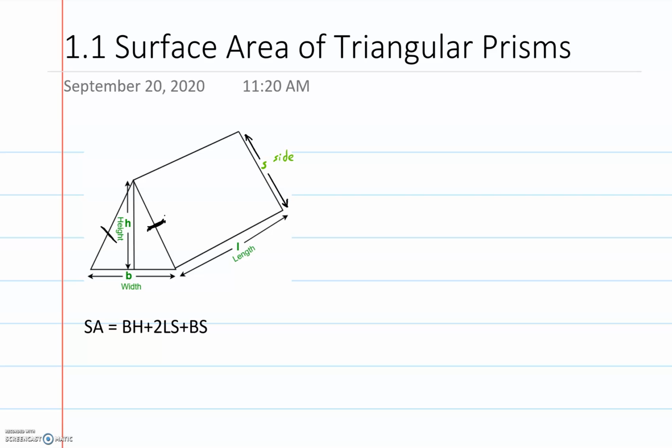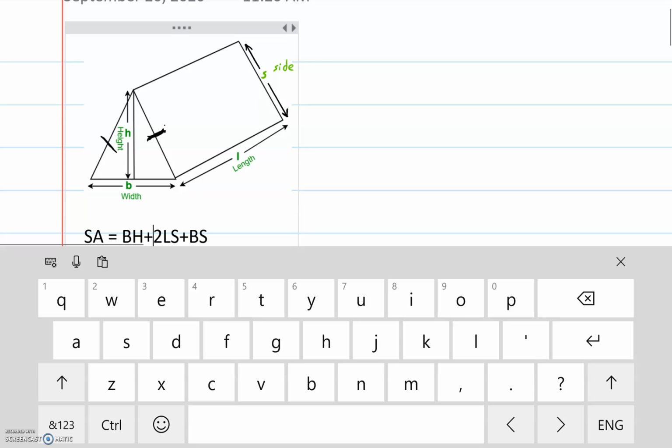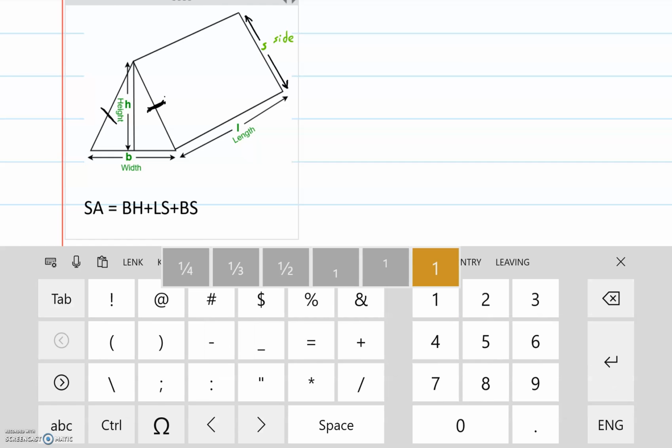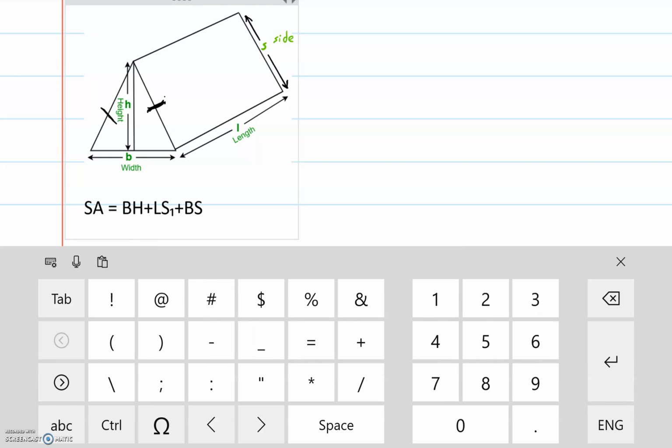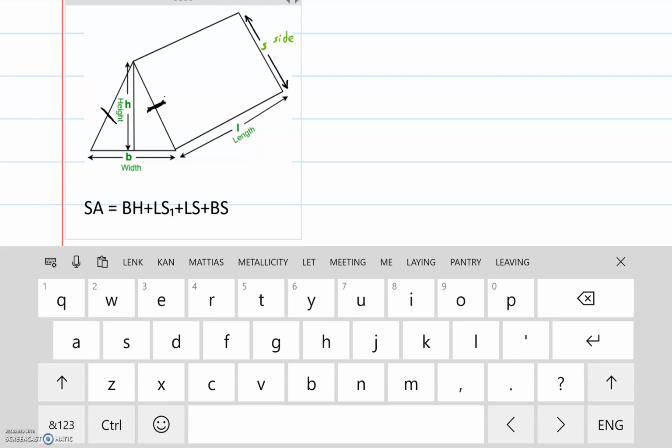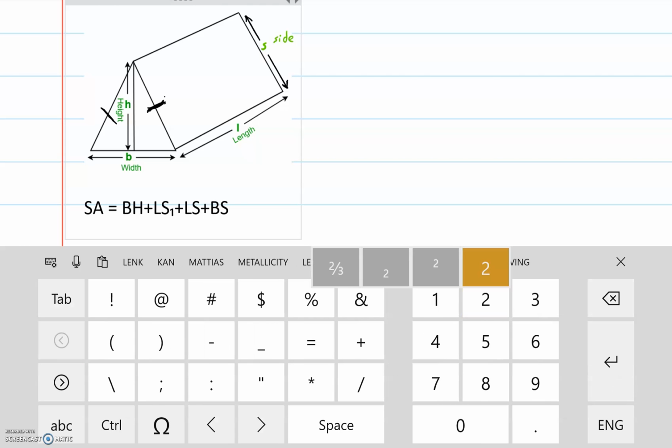Okay, so the other way you could look at it is a little bit more in depth. Hold on here. Let's change this. So we could have length times side 1 plus length times side 2.